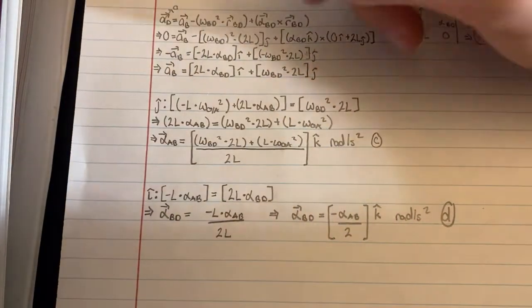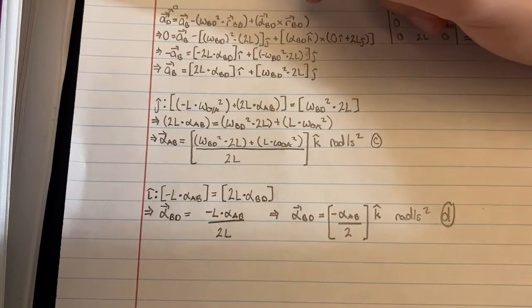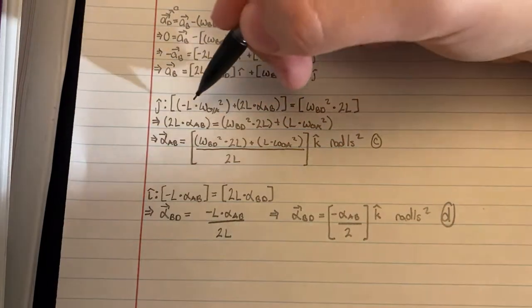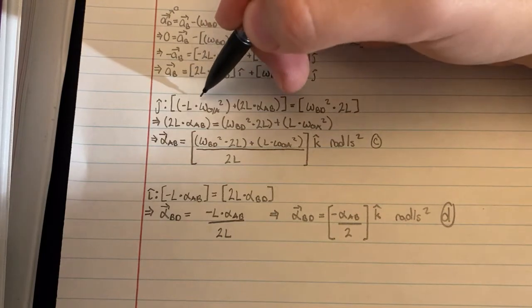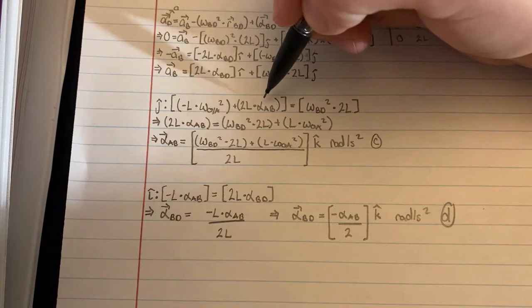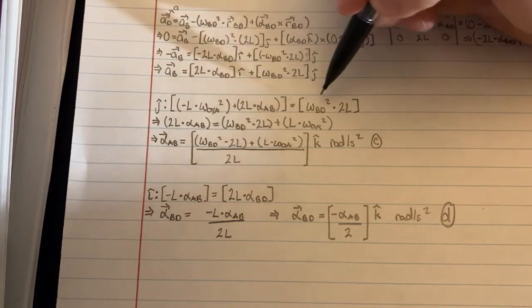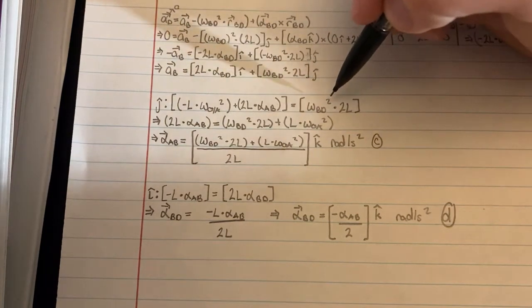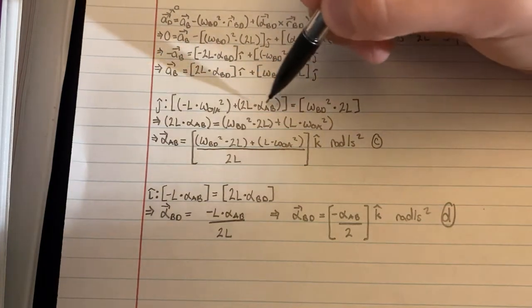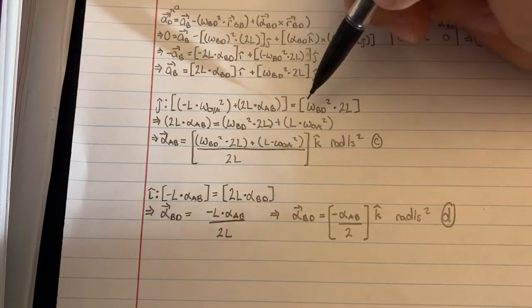Now, using the two equations for acceleration of B, we can compare them in both their directions. So starting with j, we have negative L times angular velocity of OA squared plus 2L times angular acceleration of AB equals angular velocity of BD squared times 2L. So getting angular acceleration on one side, we want to move the rest to the other side.